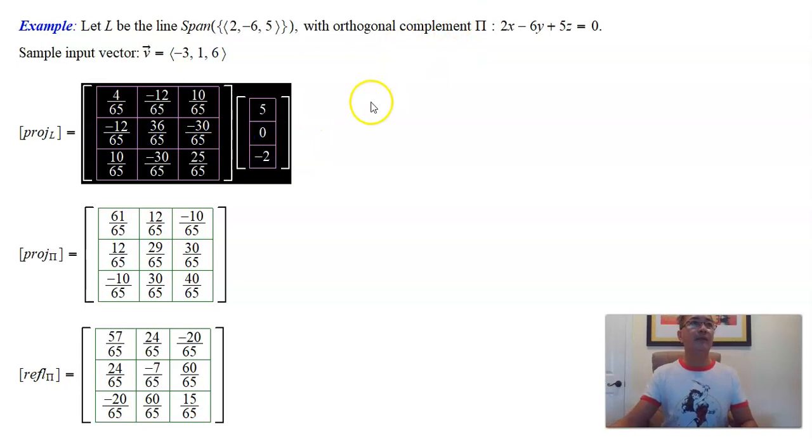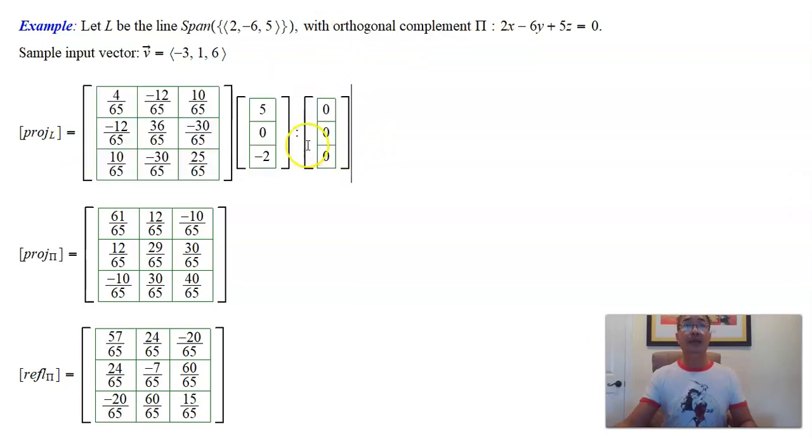Okay, so let's see what happens if you project this vector, which is on the plane, onto the line. The 0 vector. So again, this means that this vector is in the kernel of the projection onto the line.